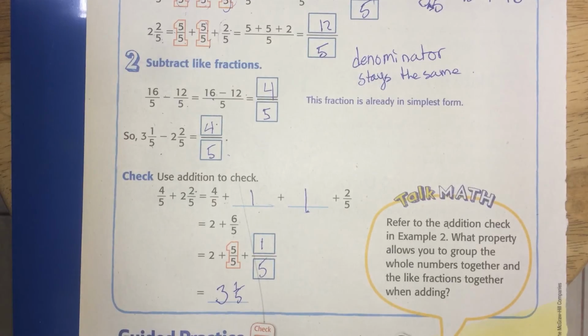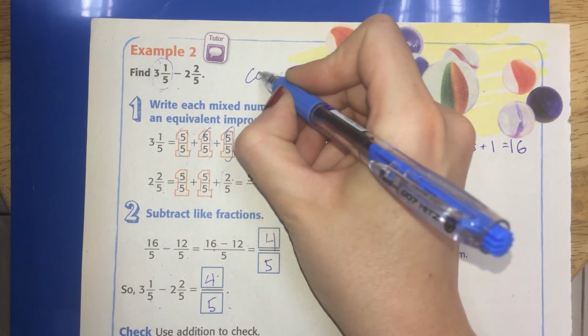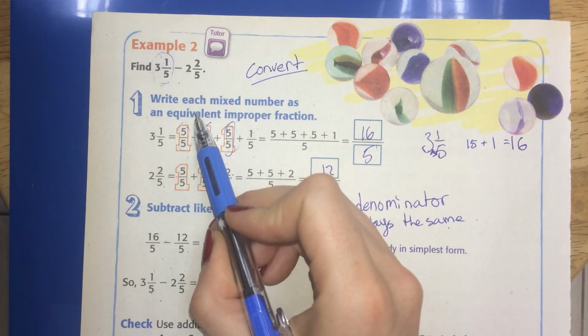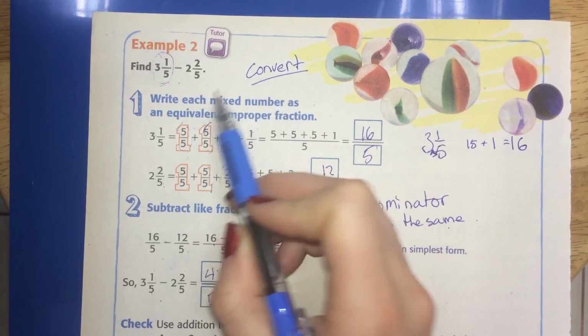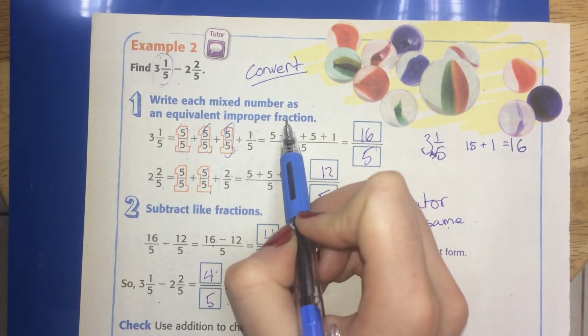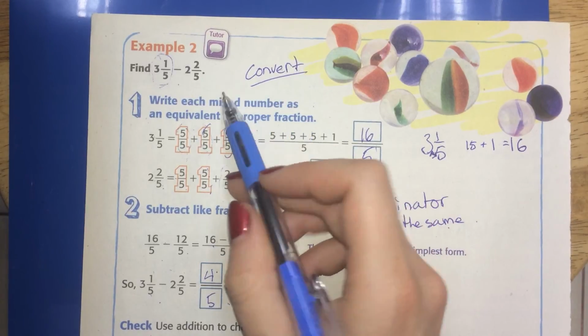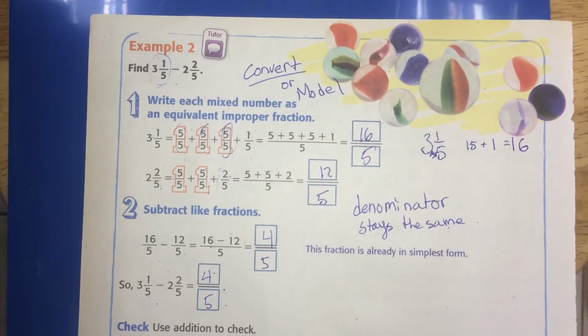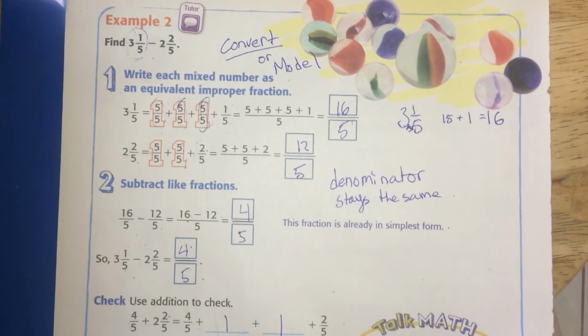Okay. So you can either convert each mixed number to an equivalent improper fraction, or you can model. You could draw it out.